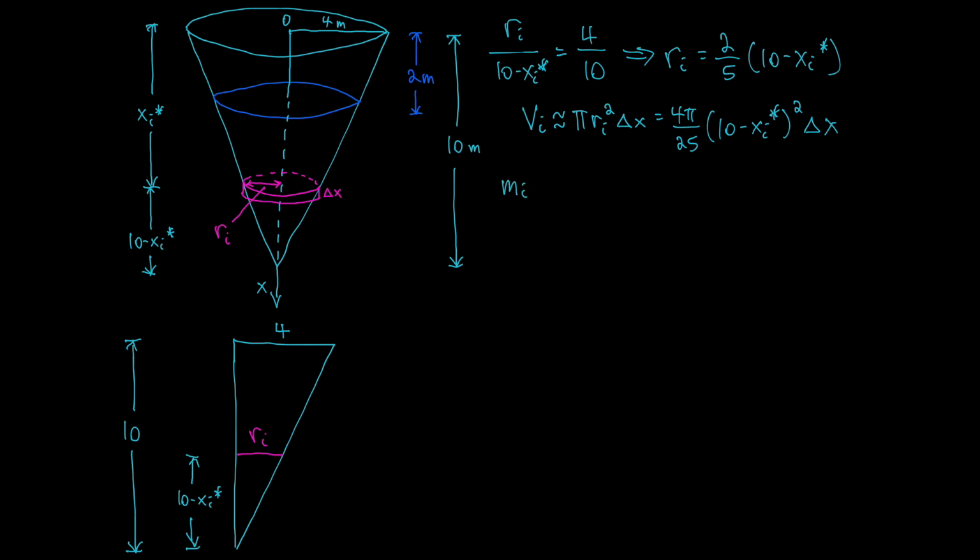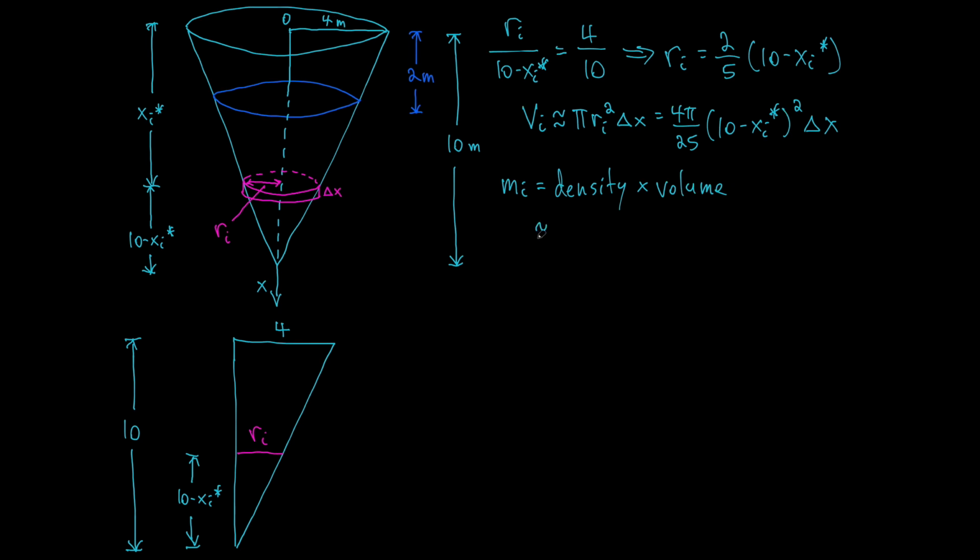So our mass for a particular disk, for the ith disk, is density times volume, which is about 1,000 times 4 pi over 25 times 10 minus xi star squared delta x.